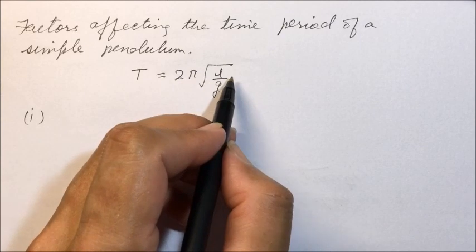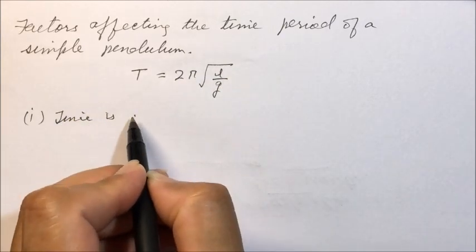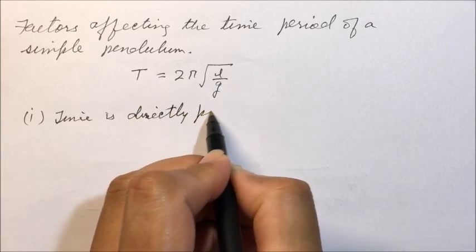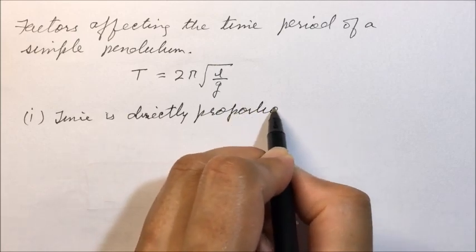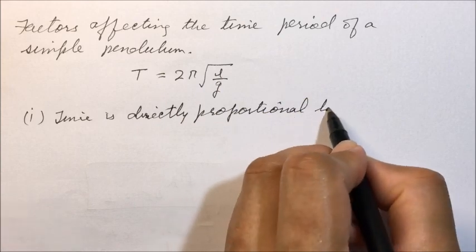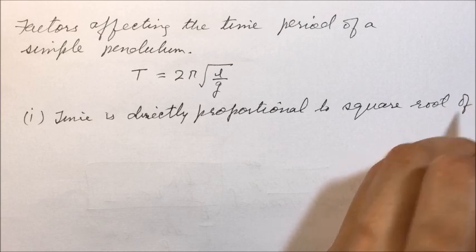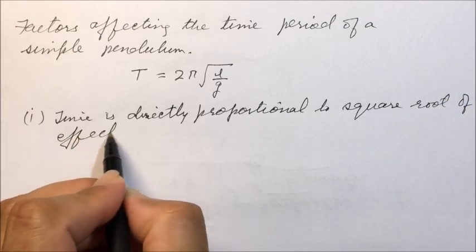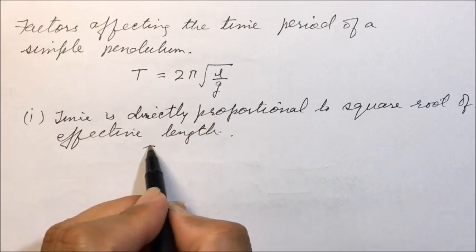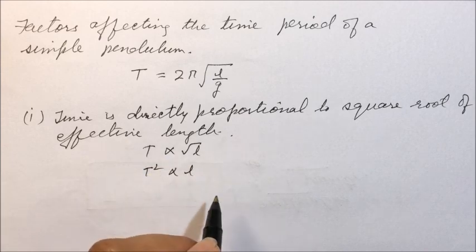Time period is directly proportional to the square root of effective length. So T is proportional to root of L, or we can say T square is proportional to L.